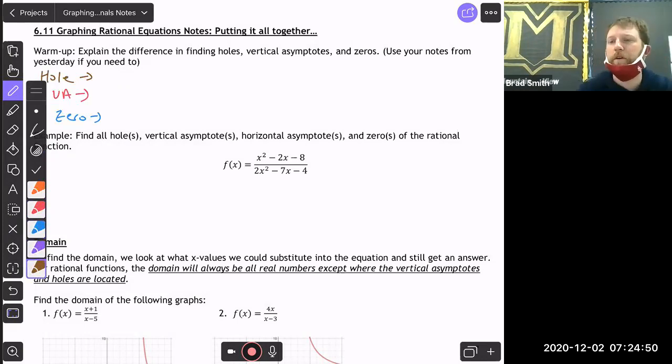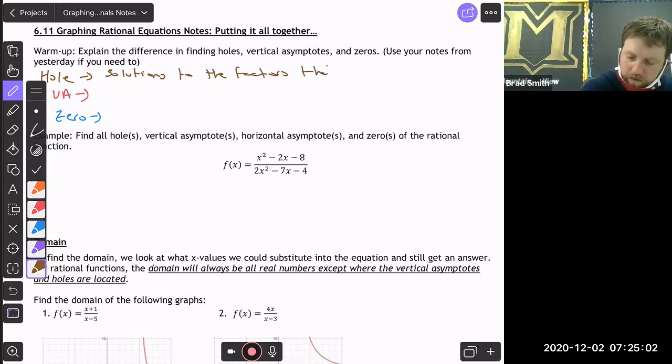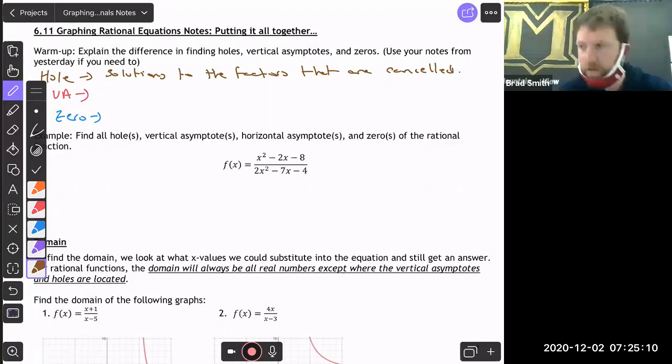So if we remember, holes are solutions to the factors that are canceled. So if anything gets crossed out, that becomes your hole. So the solution to that, we're saying equal to zero and solving.